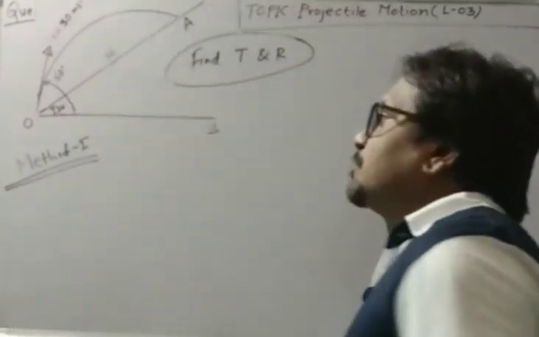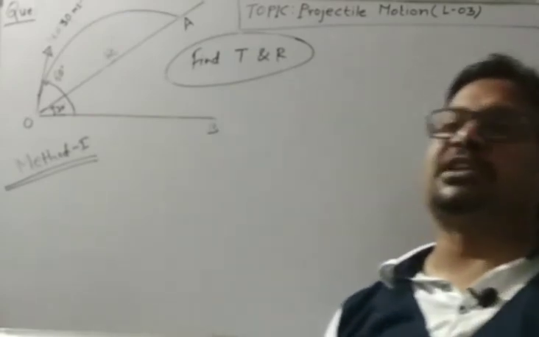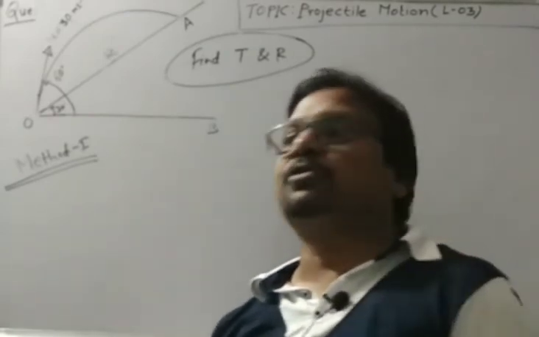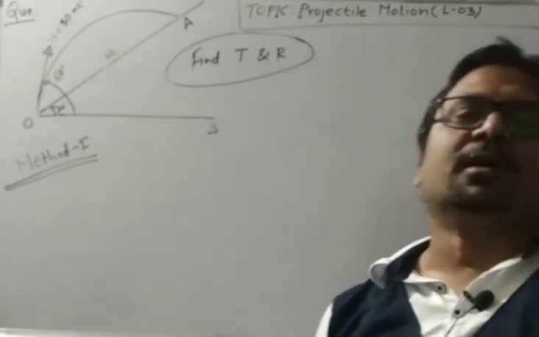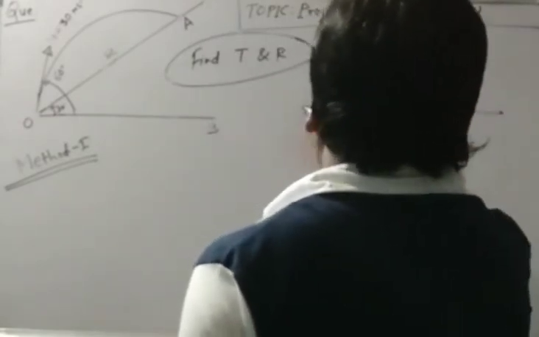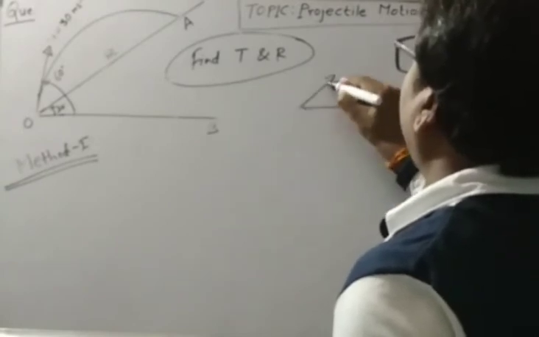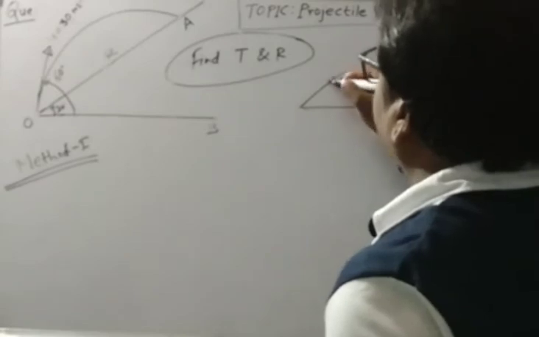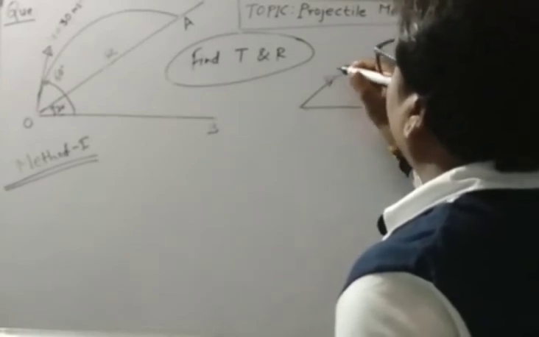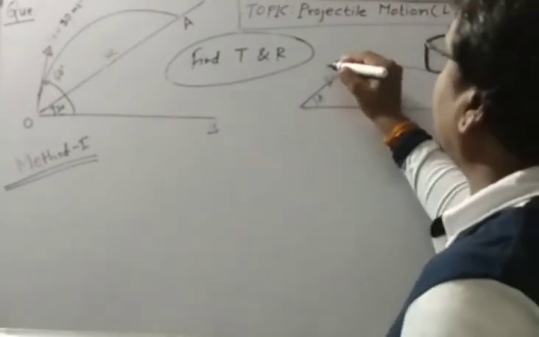Before starting our discussion, I would like to discuss basic rules which are used frequently while solving projectile motion. Suppose this is horizontal ground and a projectile is projected and its path of trajectory is this one. Every time you have one angle theta here and this is u.